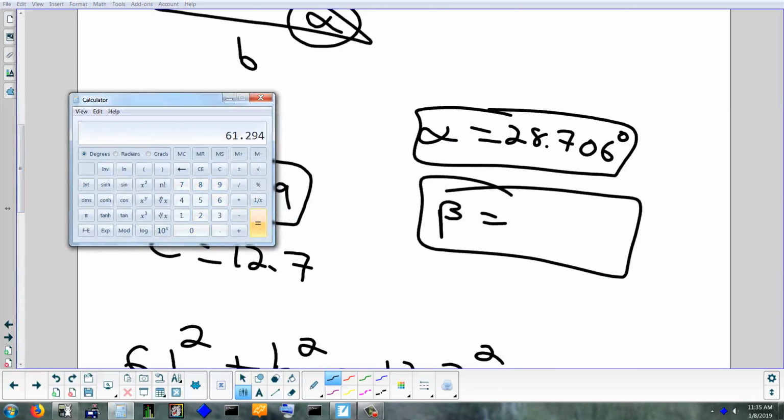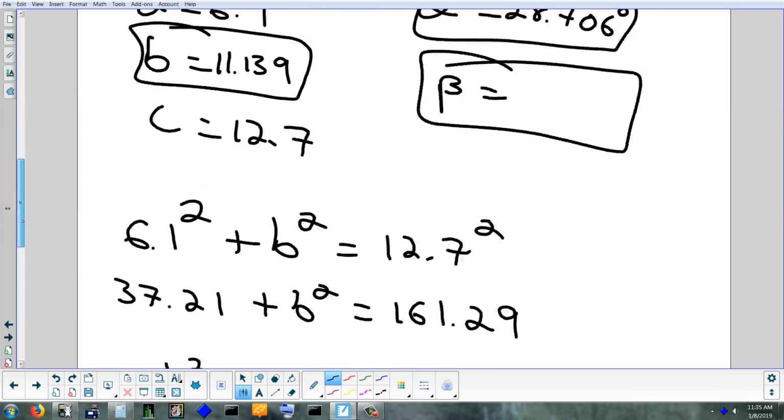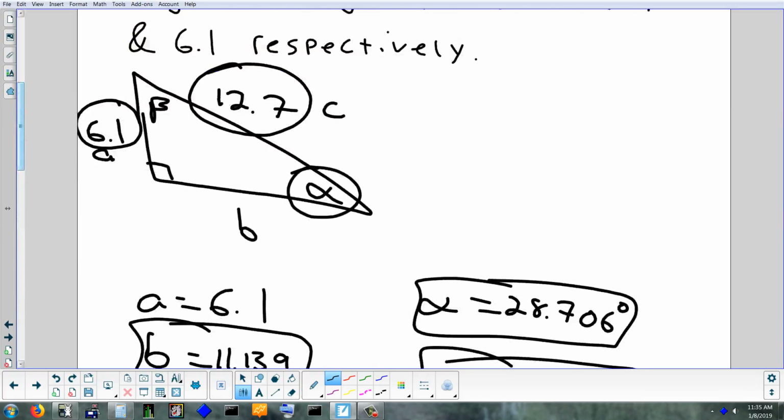Okay, keep that number in mind for a second. 61.294. I'm going to find beta the same way I just found alpha. If I do it this way, I'm hoping I got alpha correct, because if I just got alpha wrong, then guess what? I just got this wrong too. So let's find beta the same way and see if we get 61.294. All right, so let me circle one thing we're going to use, the other thing, and that.